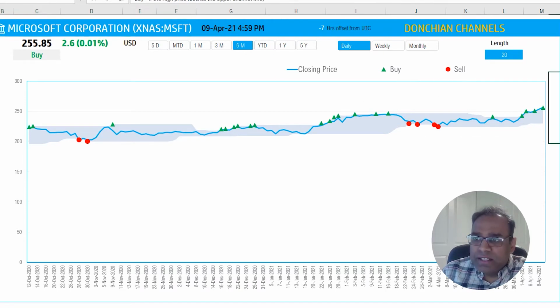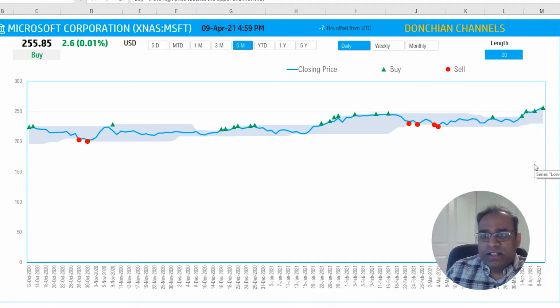The signals are very, very subjective. What I want to illustrate here is that if we have a strategy, if we want to convert our methodology into signals on the chart, it can be done with a very simple formula. The logic that I've implemented here is when a high price of the stock touches the upper channel line.